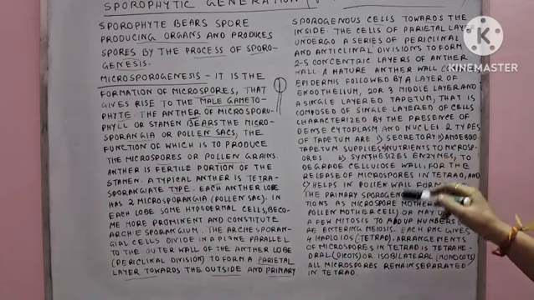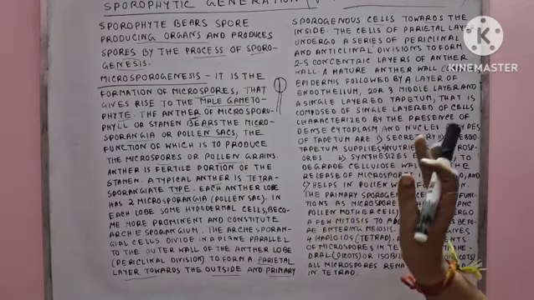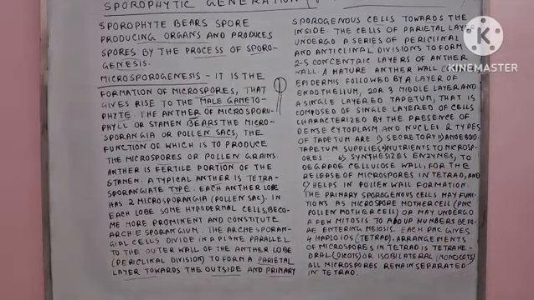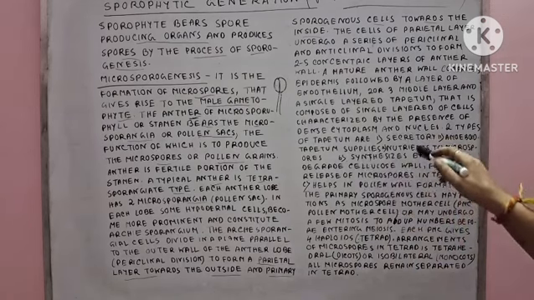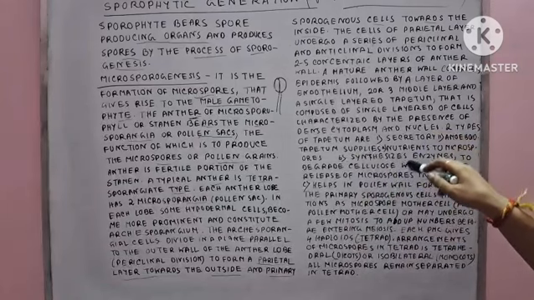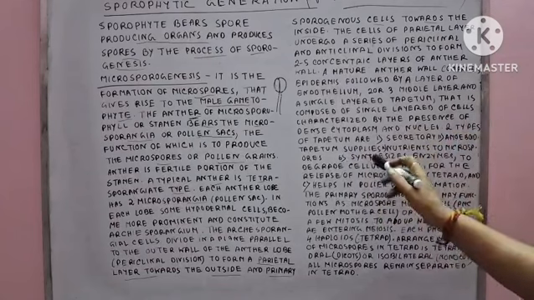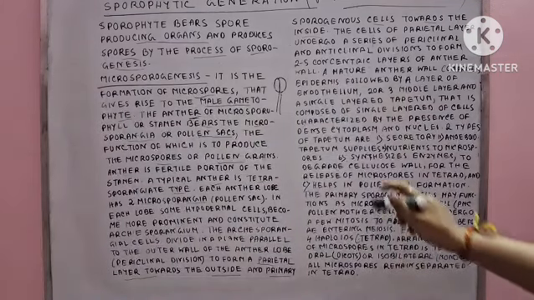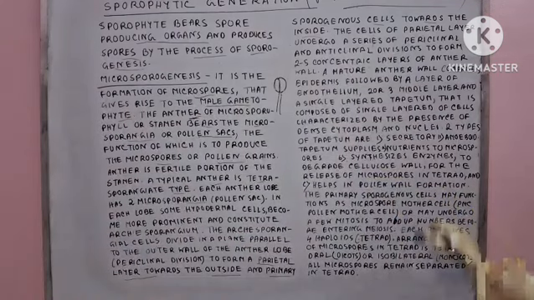So three functions are there: nutrient supply to the microspores, enzyme synthesis for breaking the cellulose wall for the release of the microspores, and help in pollen wall formation.